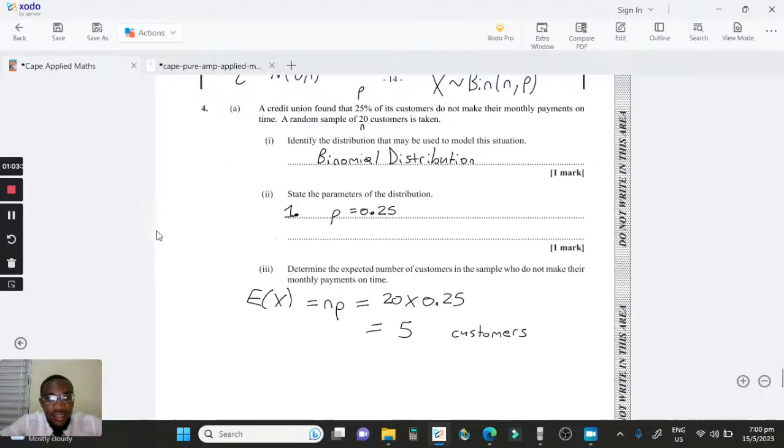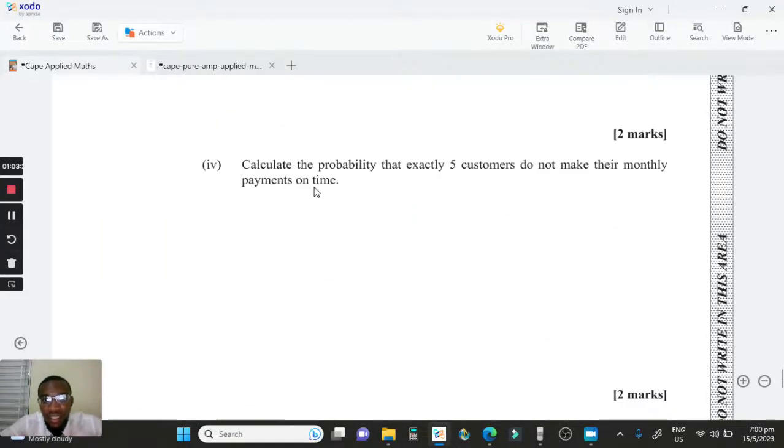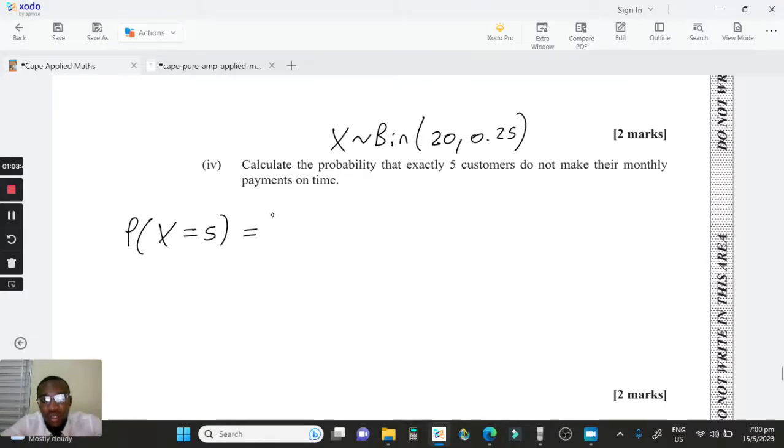All right. No problem. Now it says calculate the probability that exactly 5 customers do not make their monthly payment. So remember, X follows a binomial distribution of 20, p, and p is 0.25. To find the probability X equal to 5, let's write down the formula so you remember it.